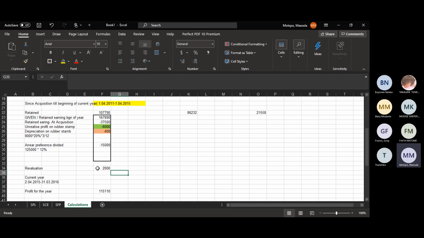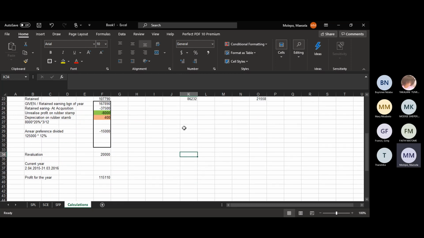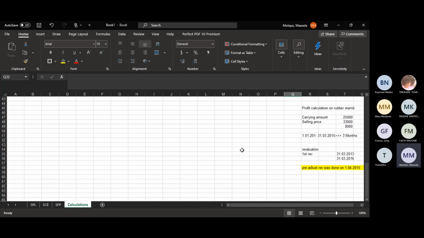It's 20,000. So at acquisition, we say 20,000 multiplied by 80%, which is 16. The remaining will be 4. Then we proceed.